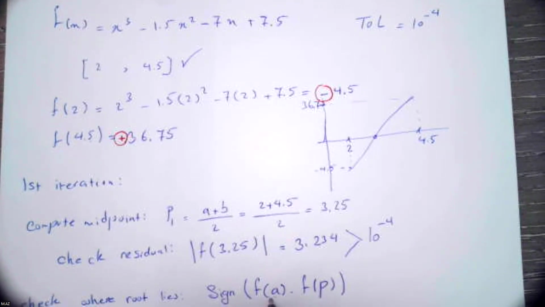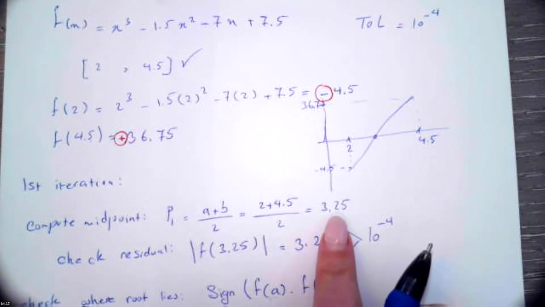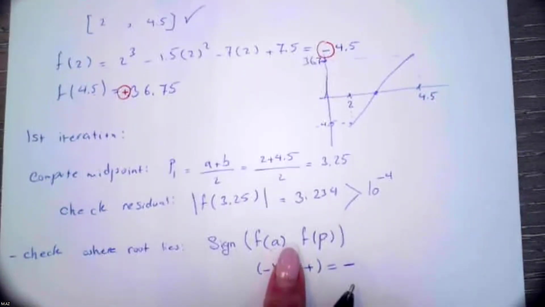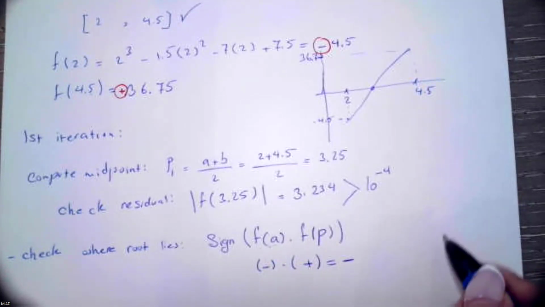What is the sign of the function at the point 2? It is negative, and the sign of the function at point P, the midpoint, as you can see, is positive. When the answer is negative, it means the root is located between A and P.